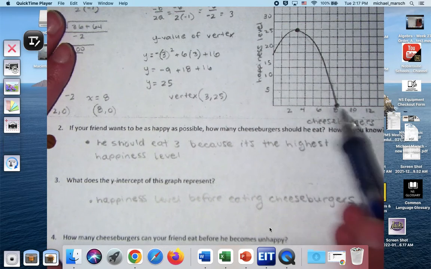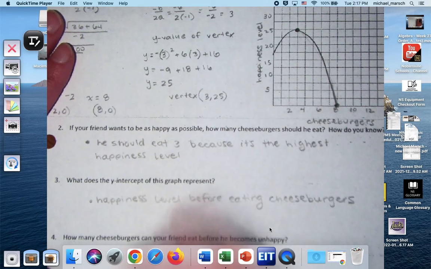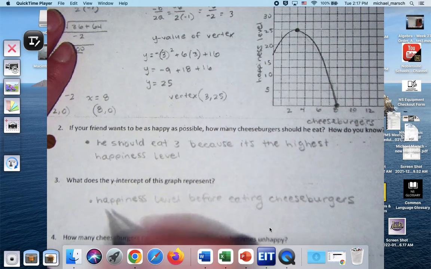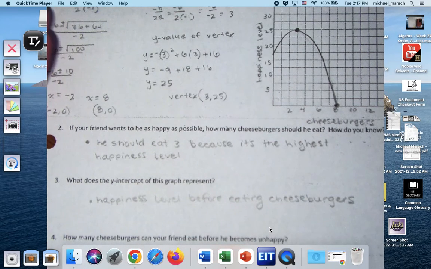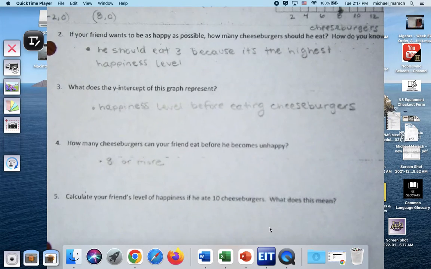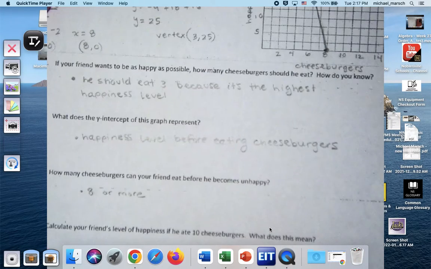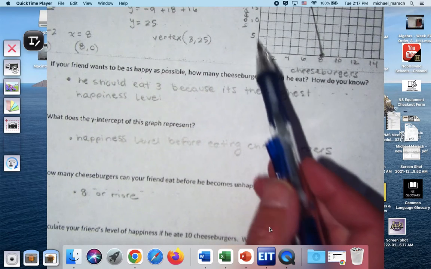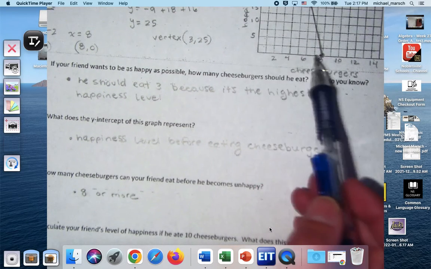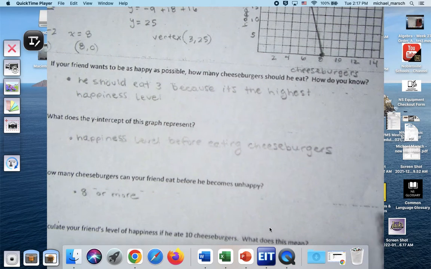Because now he's at 0. 8 or more. Personally, I think that's not a wise choice, but. Wait, is it asking how many he will need to eat to be unhappy? So he's still happy down here. Not until he gets to 0 would he be considered unhappy.